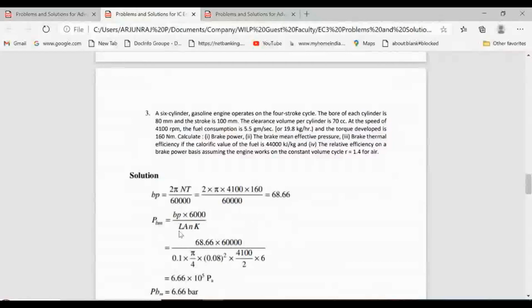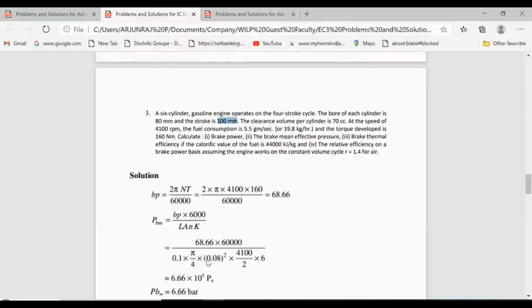The length, what is the stroke? Length is again 0.1. It means you can convert it, whichever way you want. Even you can have this as 100 also, in terms of millimeter. Accordingly you have to do it.